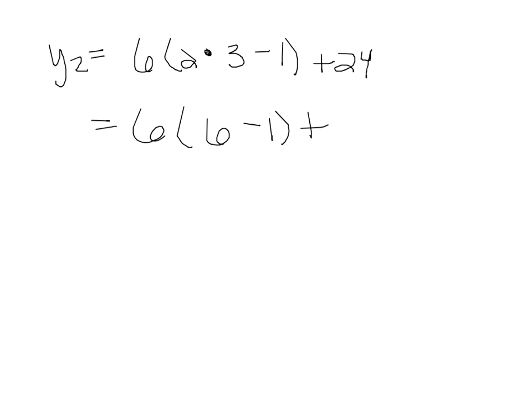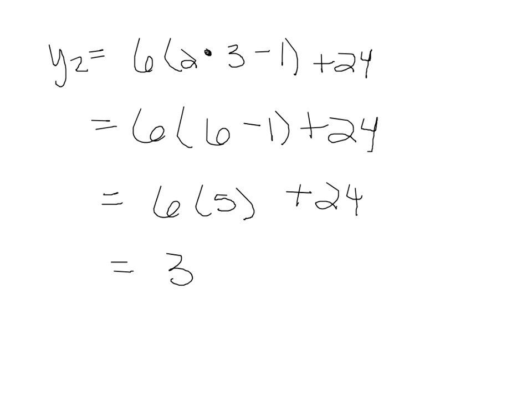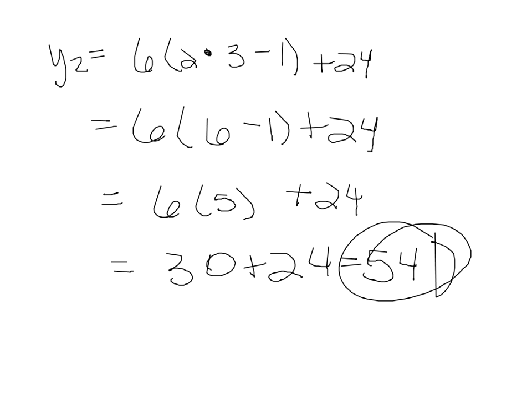Two times 3 is 6. 6 minus 1 is 5. 6 times 5 is 30. Okay, so the answer that I got on the last page for y1 is the same as what I got for y2 on this page. So I'm probably right based on my check.